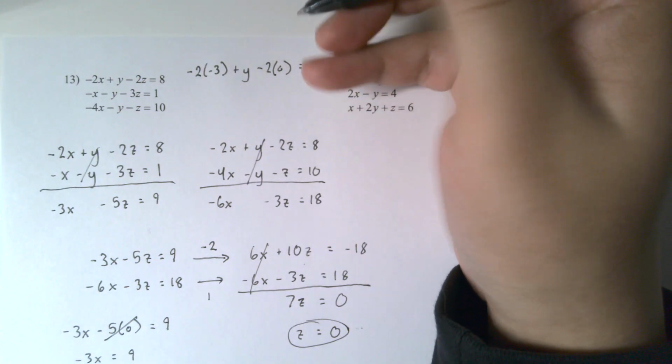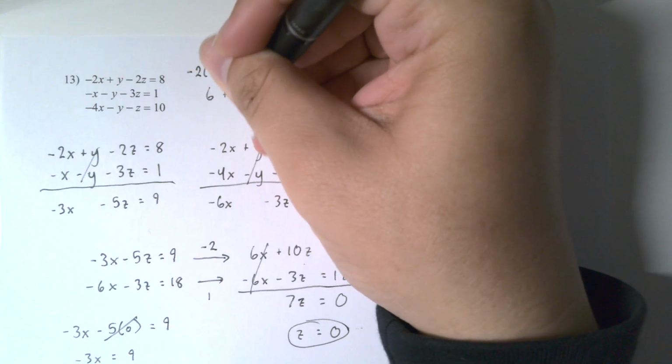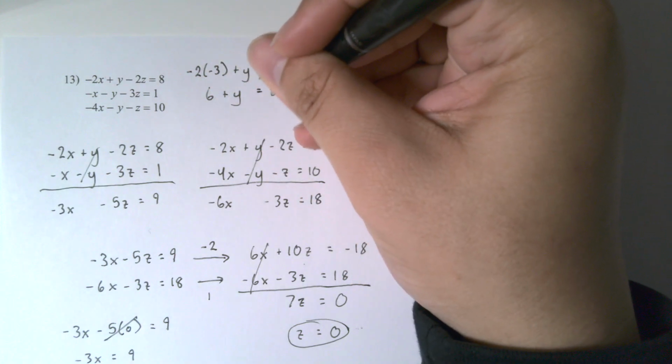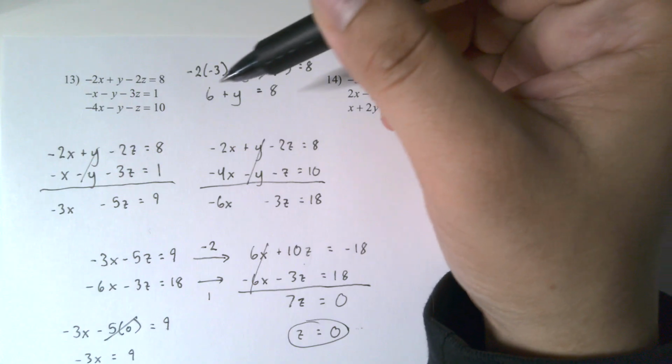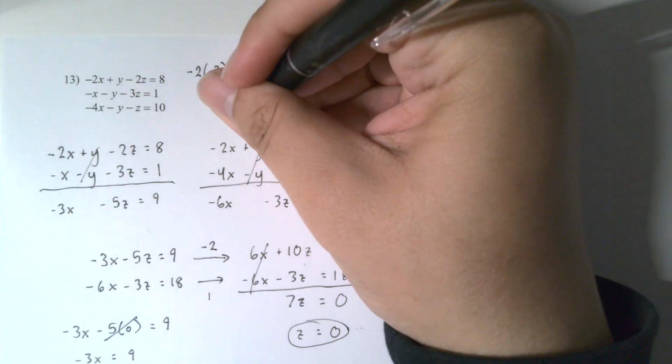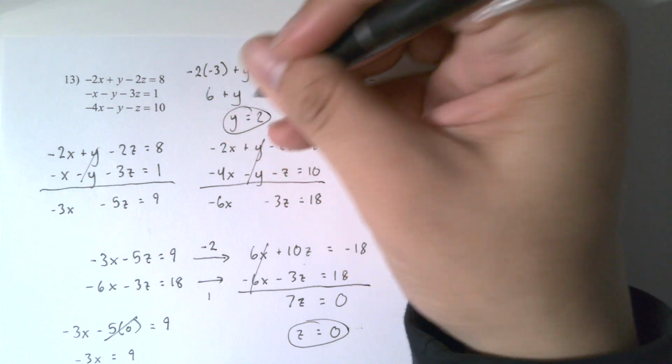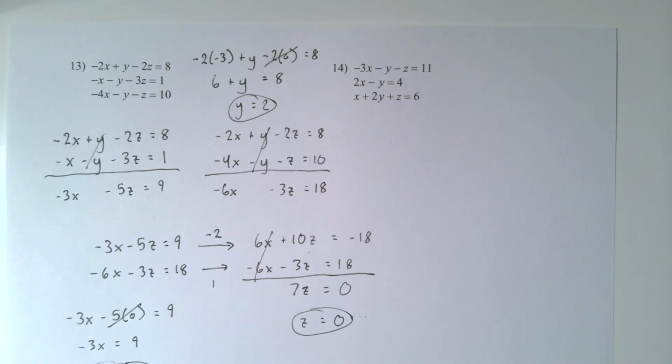Well, negative 2 times negative 3 is really just 6. And we have y, and negative 2 times 0 goes away, so it's really just equal to 8. Now if we subtract 6 from both sides, we have y is equal to 8 minus 6, which is 2. So now we know y is equal to 2.